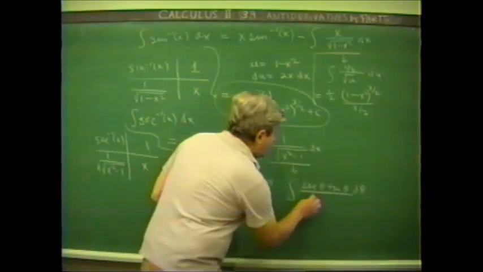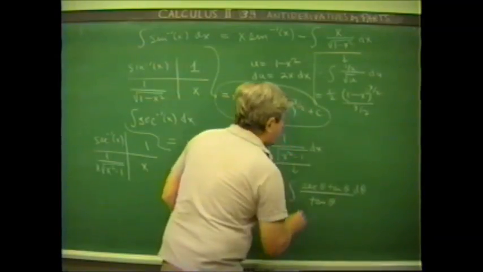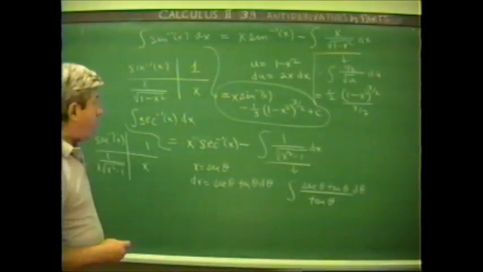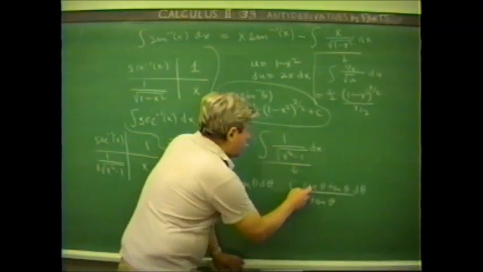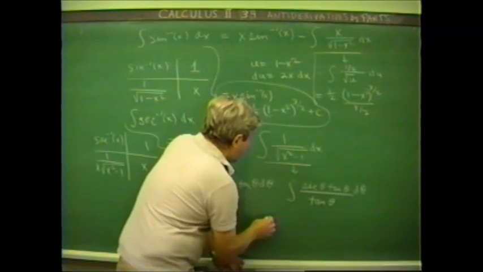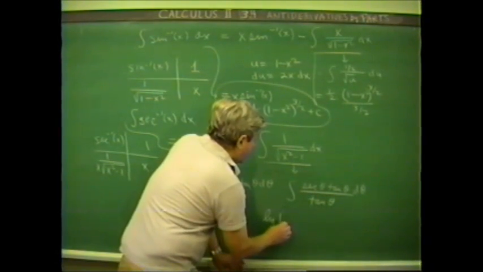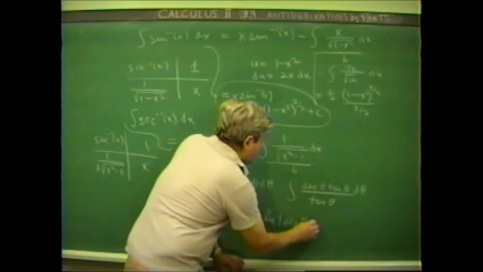The square root of tangent squared is going to be tangent. Right? And so now what we're left with here is the secant of theta. Well, the antiderivative of secant theta is log absolute secant theta plus tangent theta.